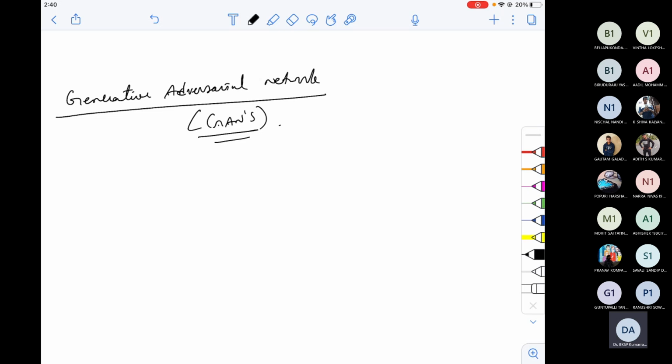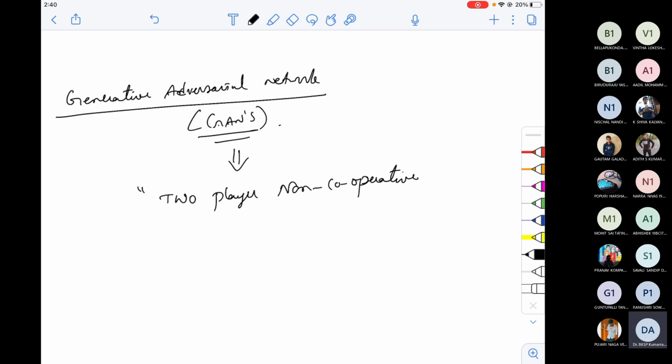Then why are two models required, variational autoencoders and GANs, for the same purpose? Both of them follow a completely different approach to generate new stuff. The other name for GANs, the unofficial term for this entire thing, is a two-player non-cooperative game.